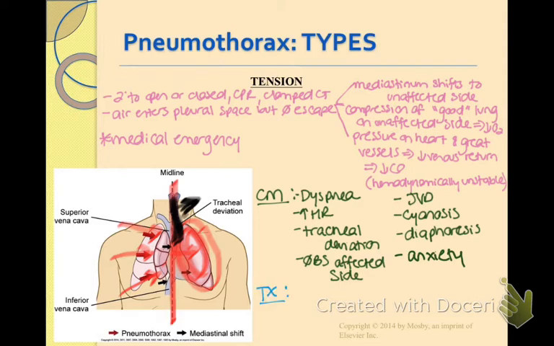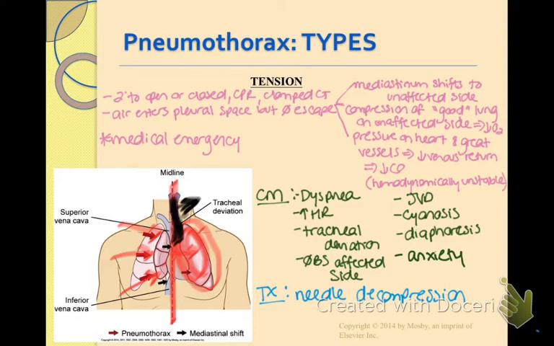Treatment, they need immediate needle decompression. So normally this is when I would show you a video. You can YouTube it to see, but needle decompression is the treatment of choice. And basically they go down over the rib and insert a needle into the pleural cavity space and let all that air out immediately.